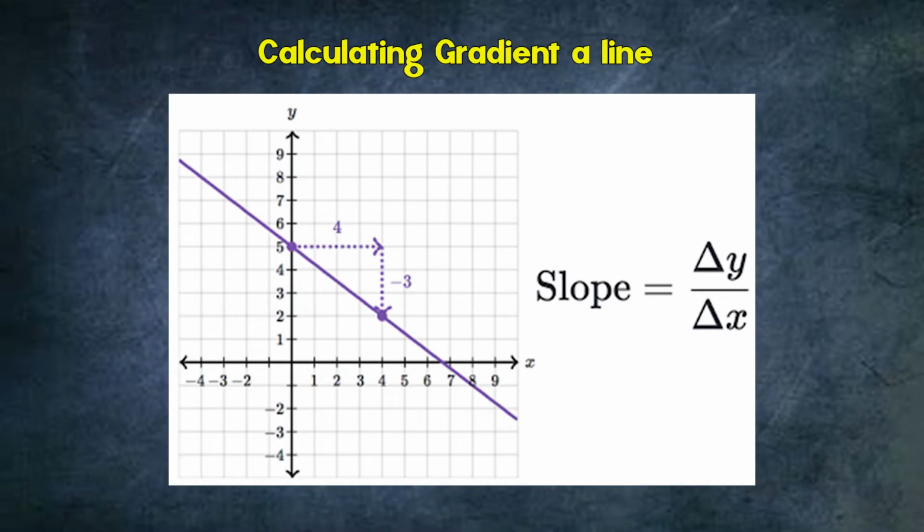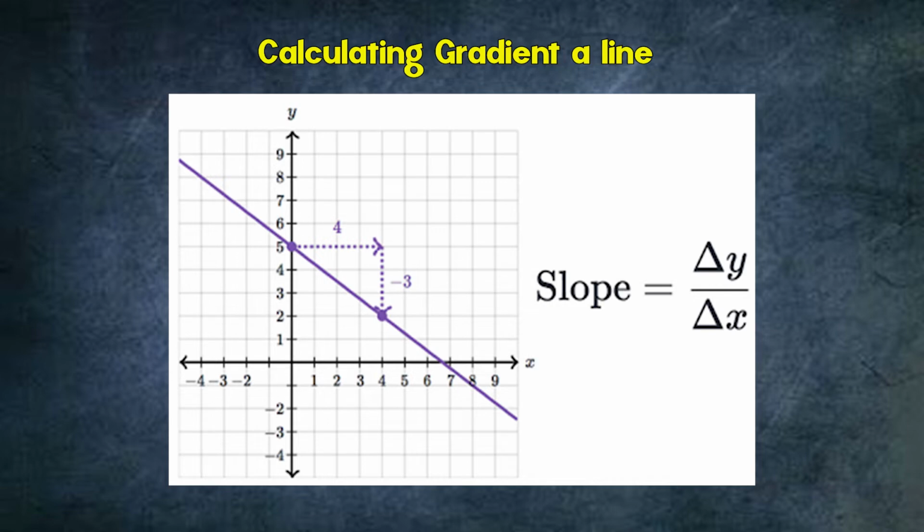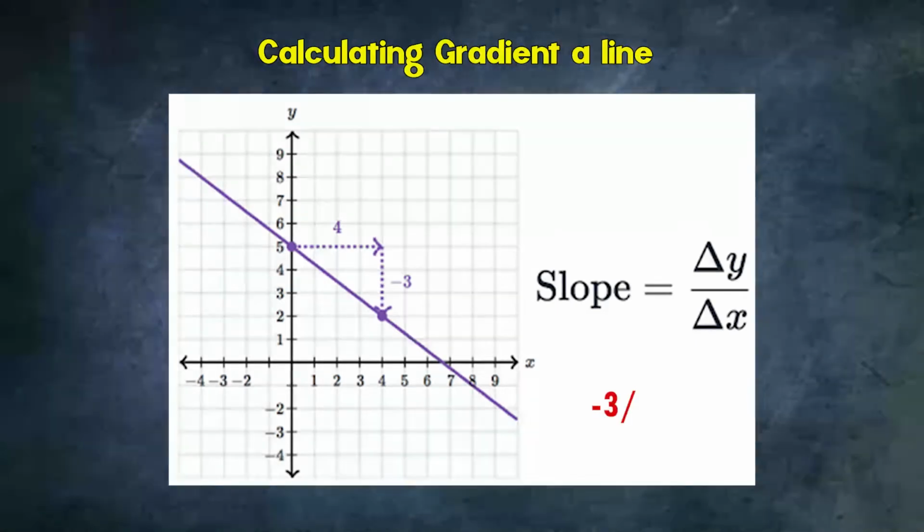So we moved 4 places to the right, that's the horizontal distance, and then we moved 3 places down, that's the vertical distance. In order to calculate the slope, we take the change in the vertical distance, that is, we moved 3 places down, so that's -3, and we divide that by the change in the horizontal distance.